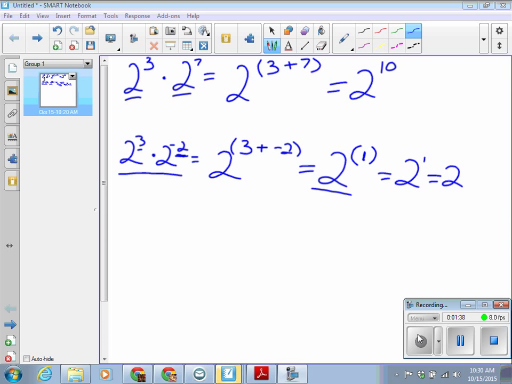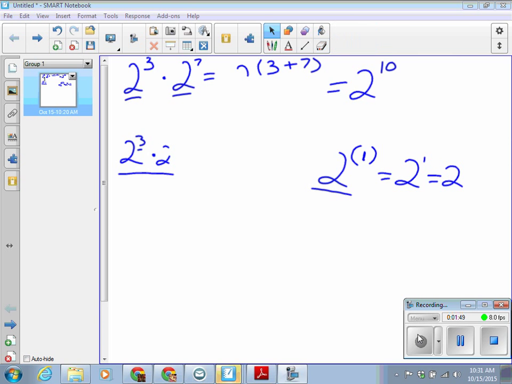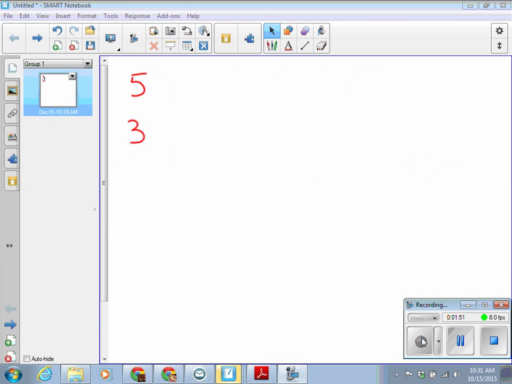Alright. Now, before we go on to division, I wanted to show you guys some equivalents. So what's another way I can write 5? Well, another way to write 5 is just 5 to the first power. I know this because if I look at 5 squared, expanded, it's 5 times 5.